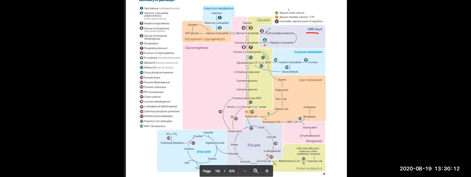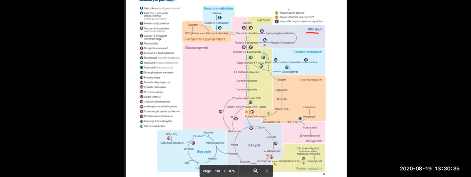We have learned the HUGS mnemonic, and HMP shunt was one of them. So remember that too. And then it just has these two steps. This is the step where glucose 6 phosphate is converting to 6 phosphogluconolactone.